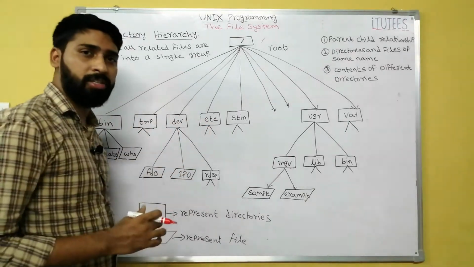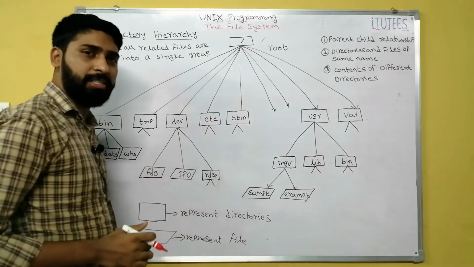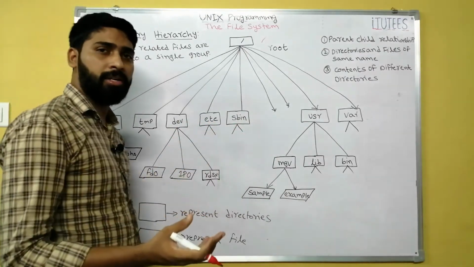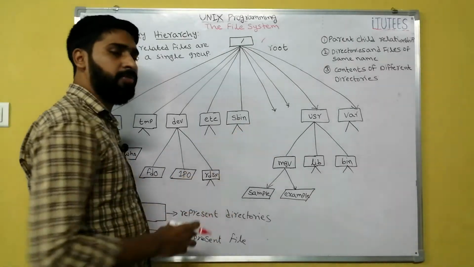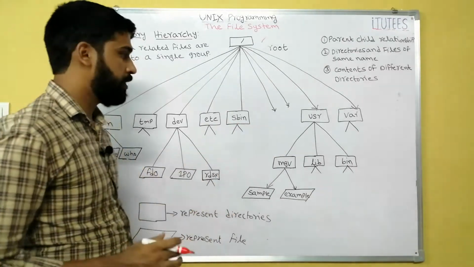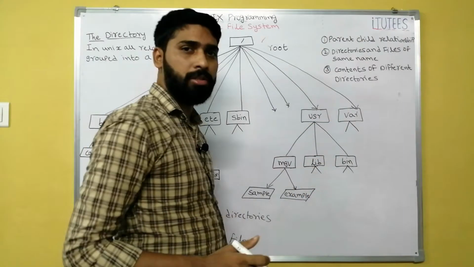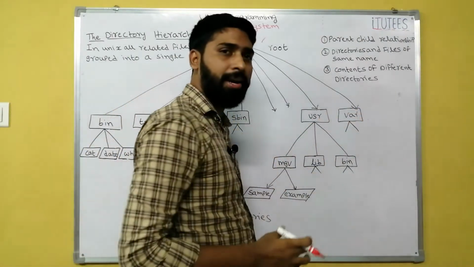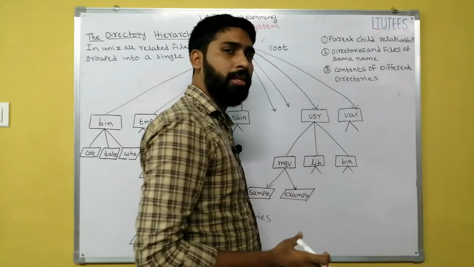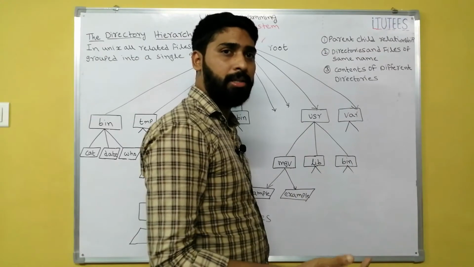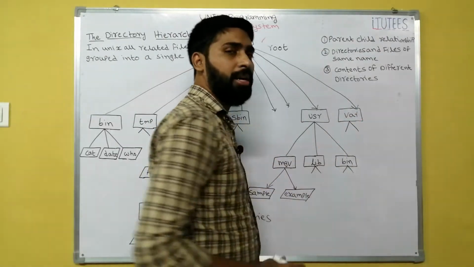All the configuration files are stored in the etc directory, and all the system files that are executed automatically are stored in sbin. The user directory is the home directory for all the users. The var directory stores all the files related to variable data, for example, mail sending. These types of files are stored in the var directory.